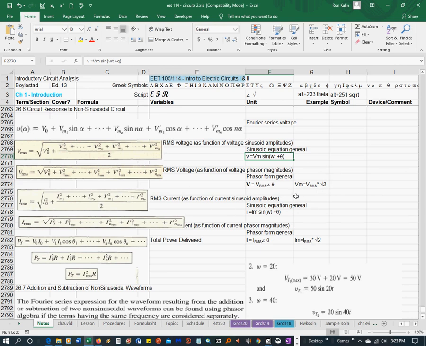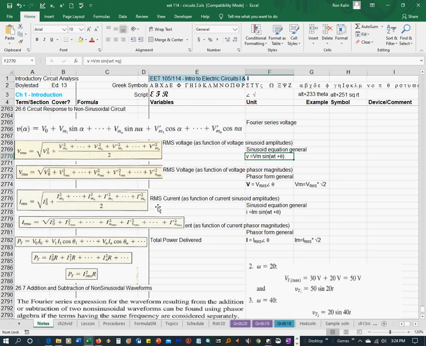What they did was put all the phasor magnitudes in this equation, and then you can find the V RMS of the total equation. What is the RMS? It's basically the DC equivalent of this entire equation, okay?